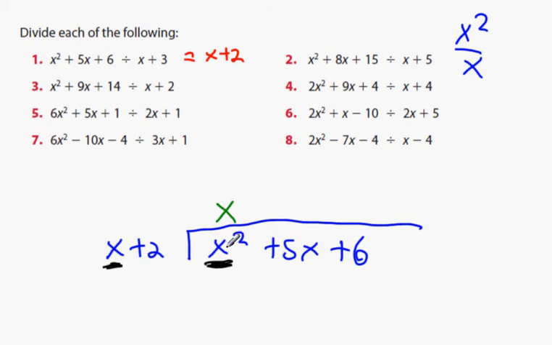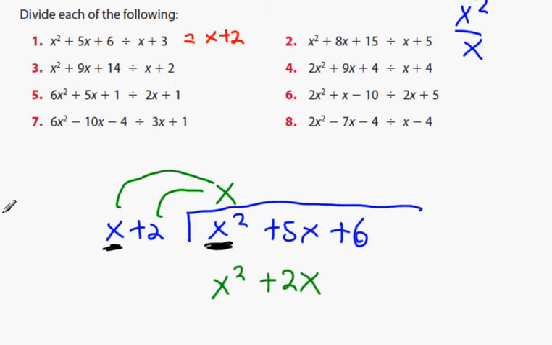The next part then is you multiply x by this and you get x squared plus 2x. Now, do you remember in long division we took it away to find out the remainder, didn't we? So we're going to do the same thing here. We're going to take them away to find the remainder. We're going to get minus, and this should also change into a minus.